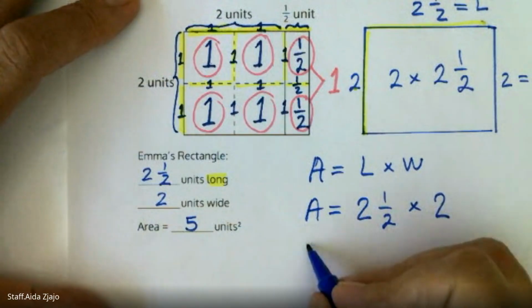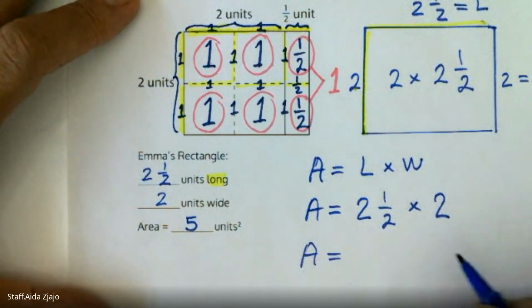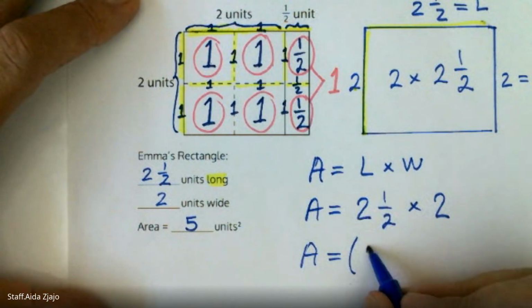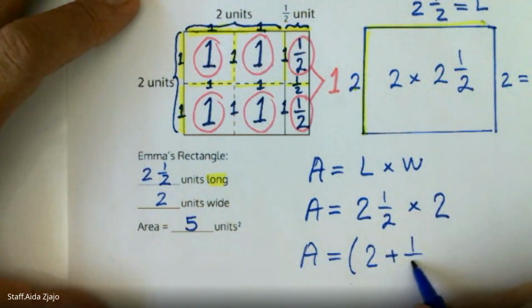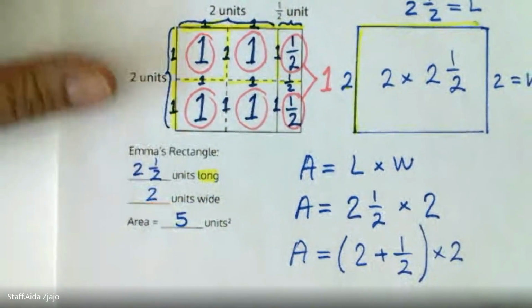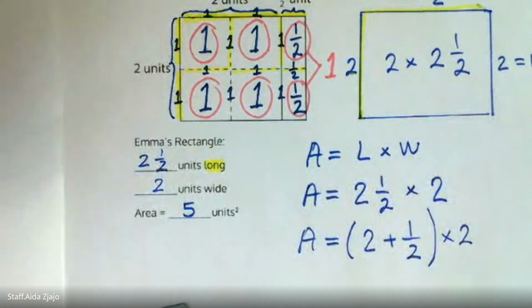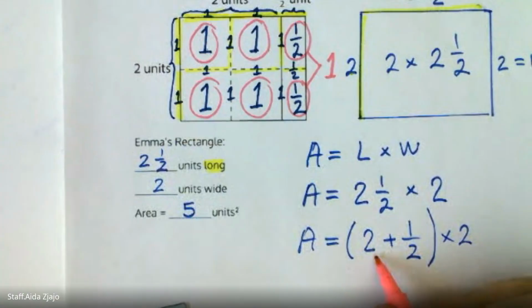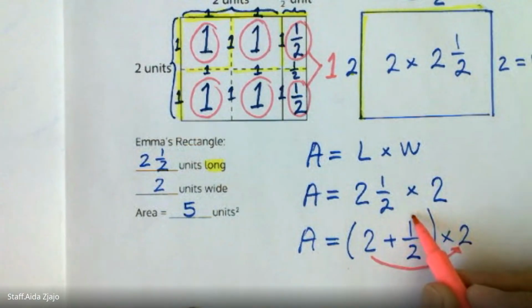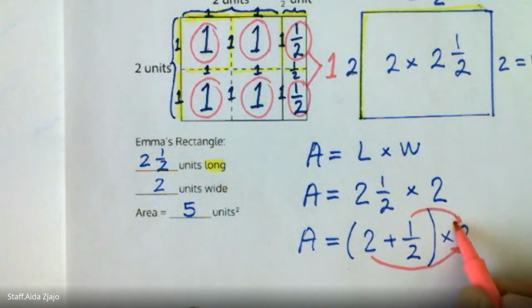The best thing is to use the distributive property. So I know that this is 2.5, so 2 plus 1/2, times 2. So now when you look at this, you can think, okay, 2 times 2, and then you can think 1/2 times 2.